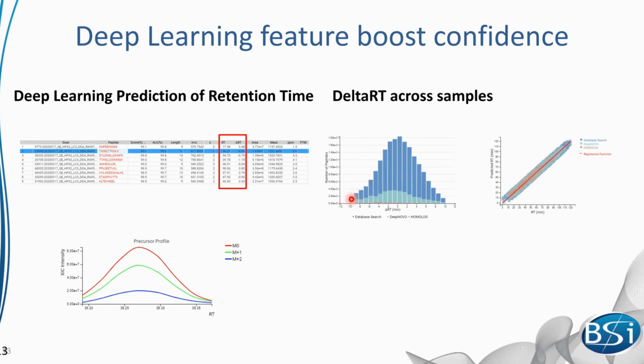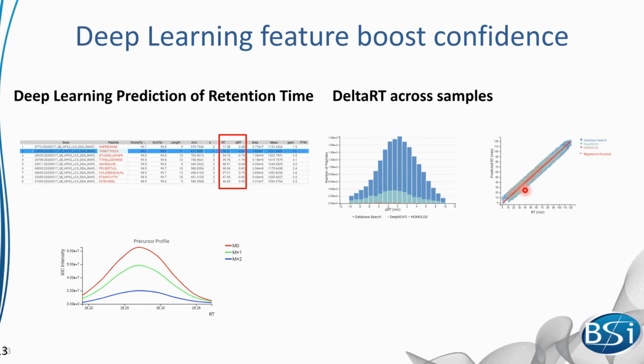Taking this sample as an example, for most of the peptides the delta RT is less than 10 minutes. Whether they are from DB, from DeepNovo, or from homology, all these peptides fit the regression line.